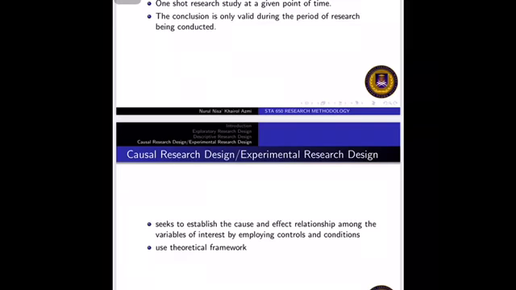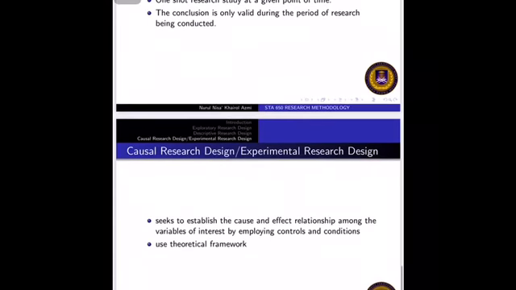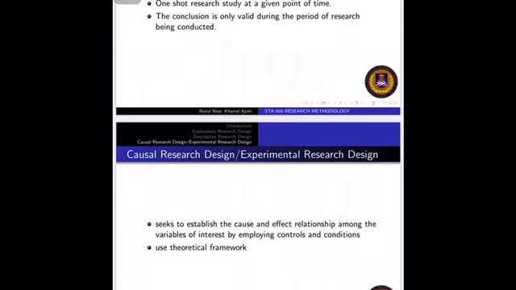What are the factors that cause infection of COVID-19, for example. So we want to determine the cause and effect, so that's why we use a causal research design.